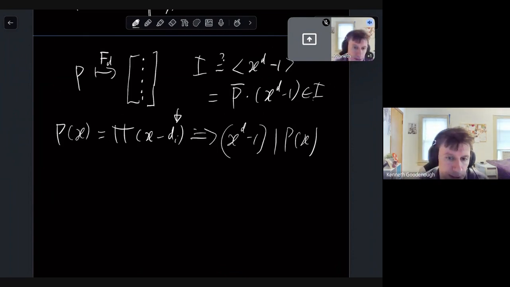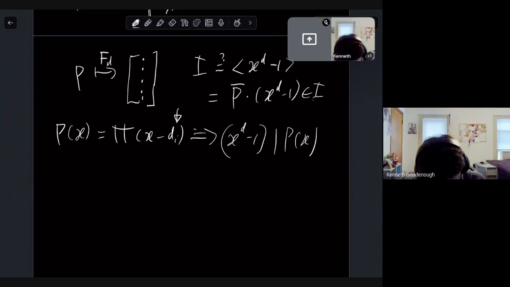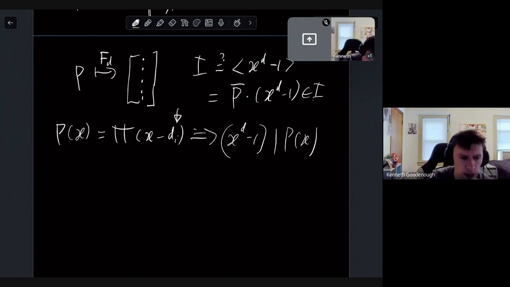Let's flip this around. Let's go really to the Fourier picture. I have some sequence of numbers, and I calculate the Fourier transform, but only at the primitive roots of unity. Let's see, does this make sense? Okay, let's have a quick look.